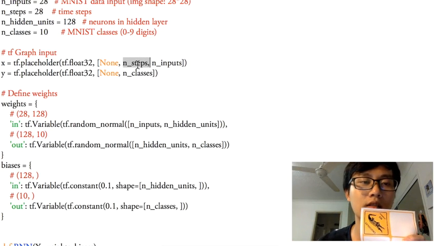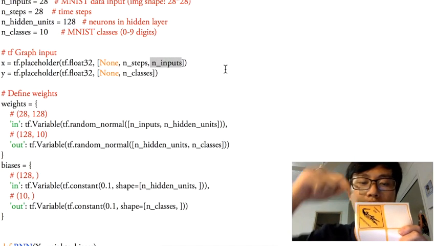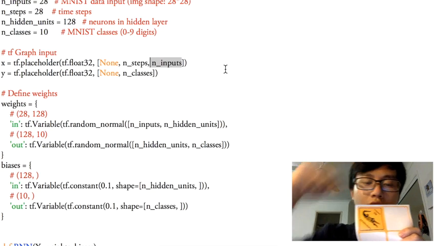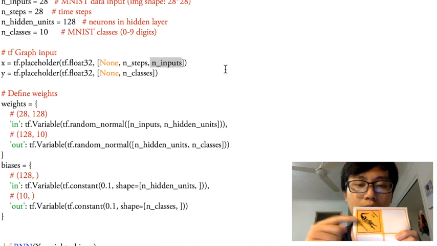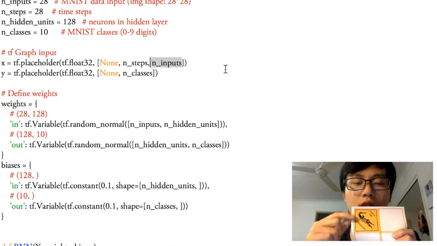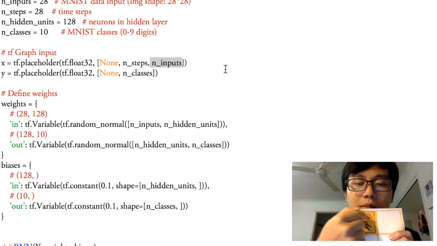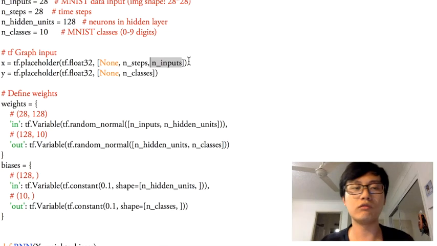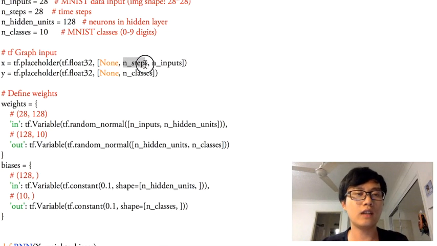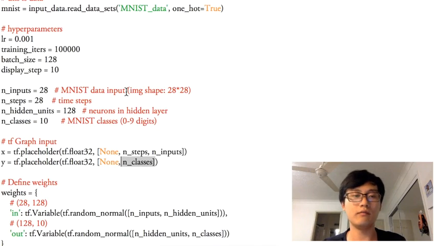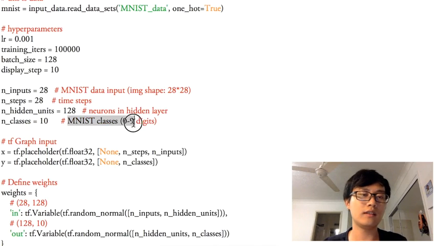So this n_step is 28, and the n_input is how many columns, how many pixels in one row of this image. In one row of this image, we have 28 pixels. So the n_step is 28, the n_input is 28 as well, and the n_class is how many classes we have, because the MNIST dataset has 0 to 9, 10 classes.